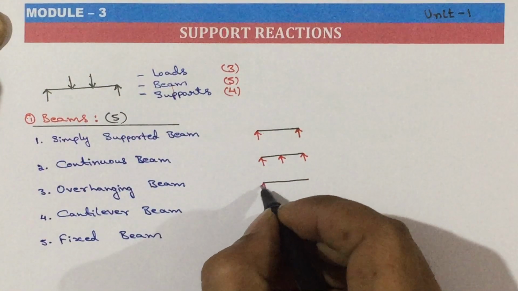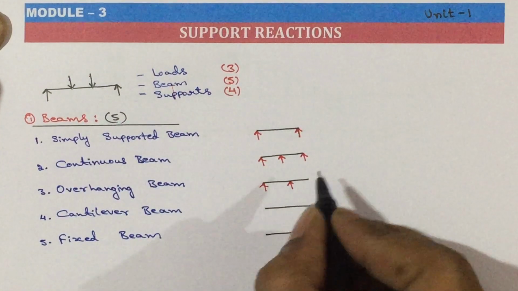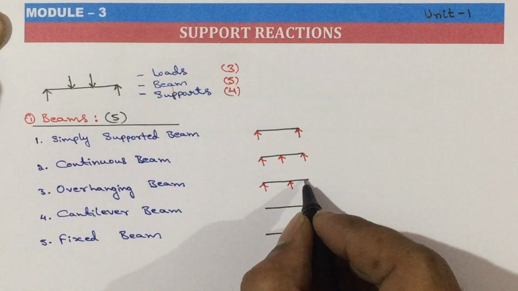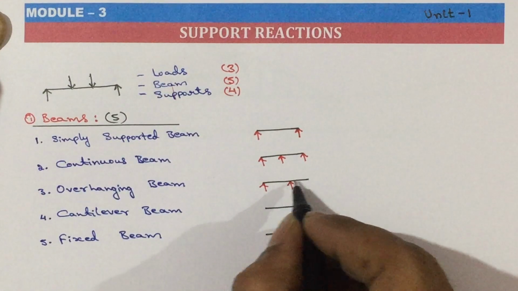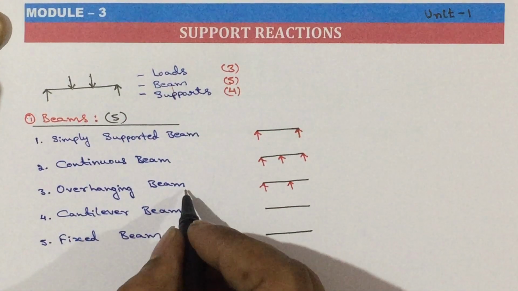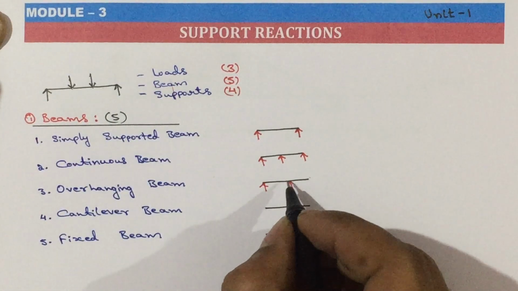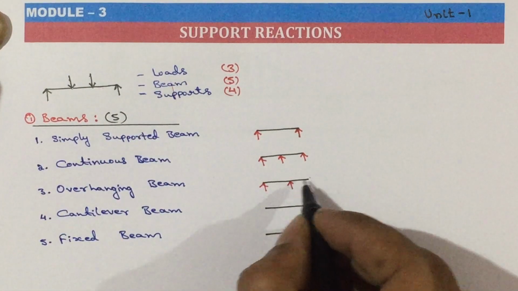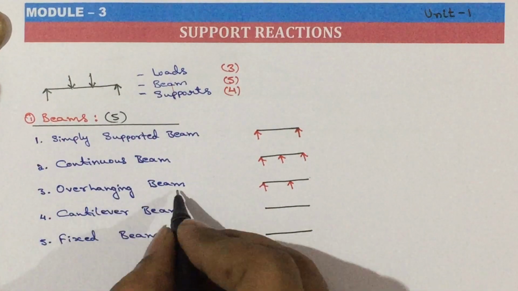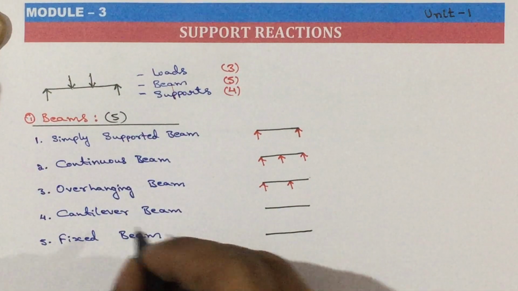If a part of a beam is extended behind the supports, then we call that an overhanging beam.